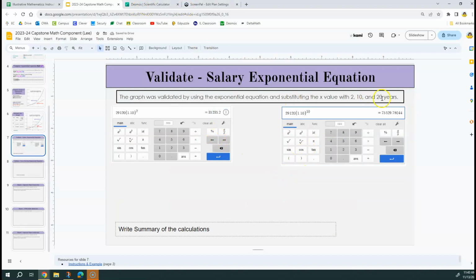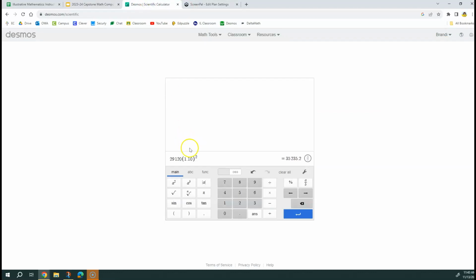And my last one is going to be for 20 years. So I'm going to come back over here. And I discovered that I can just hop back up here and change my exponents. And now this is at 195,904.7985.